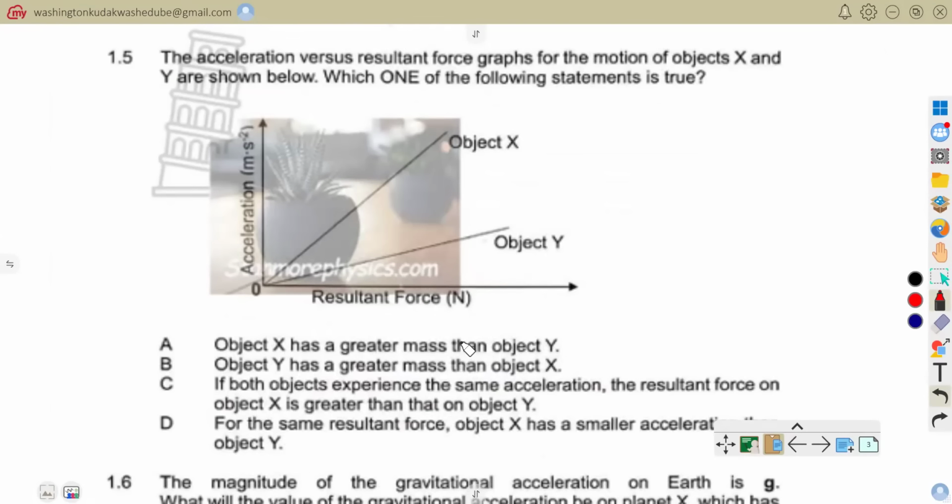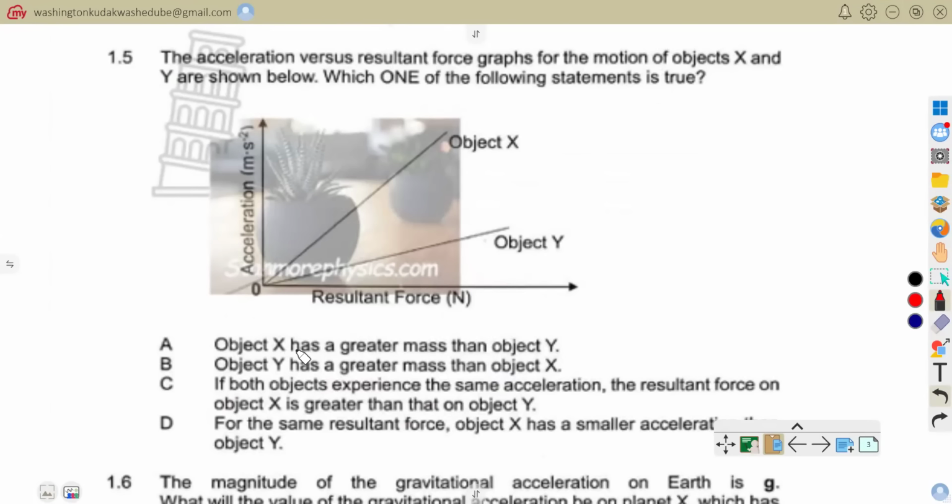Now let's do 1.5. 1.5 is saying the acceleration versus resultant force graphs for the motion of object X and Y are shown below. Which one of the following statements is true? So we are given the acceleration of objects X and Y against the resultant force, and they are now saying which of the following statements are true.